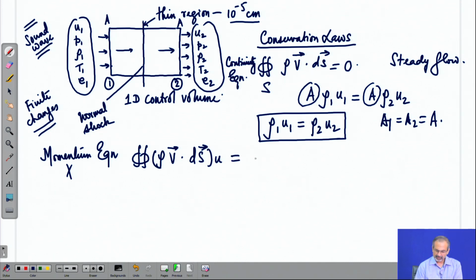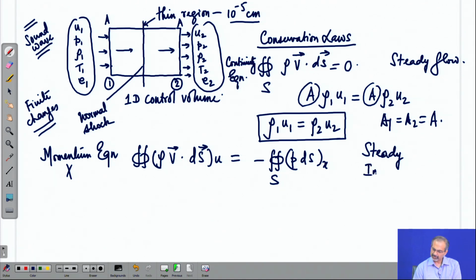This is the advection term, and we are going to have the pressure term on the other side of the equation. So, what all other terms are we neglecting? The time dependent term is neglected because we are assuming a steady flow.